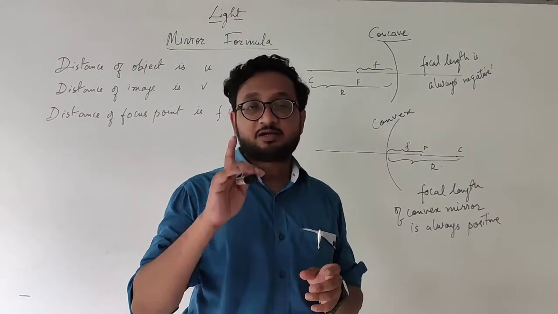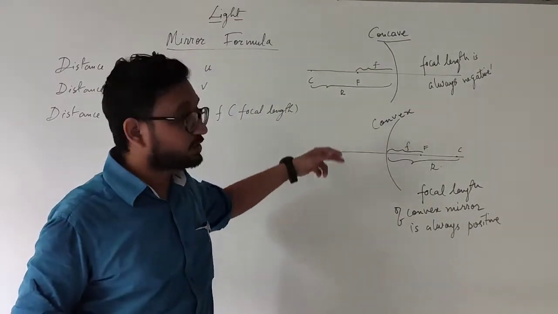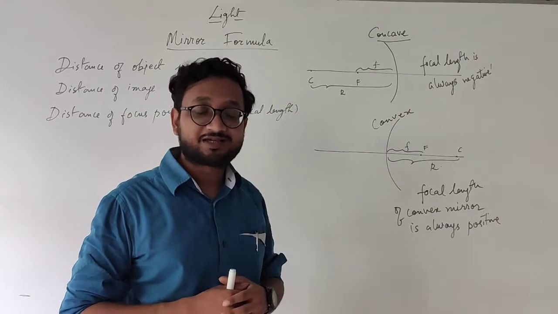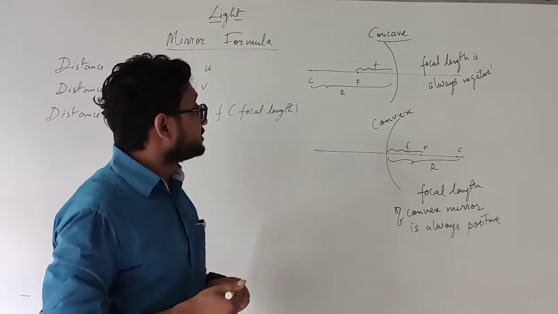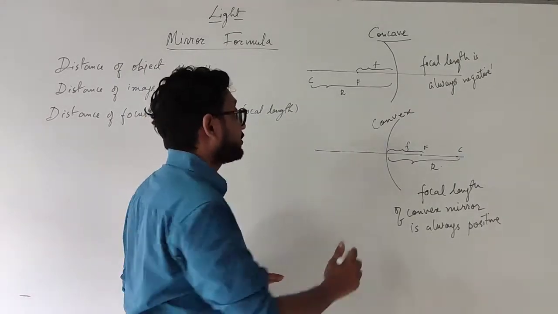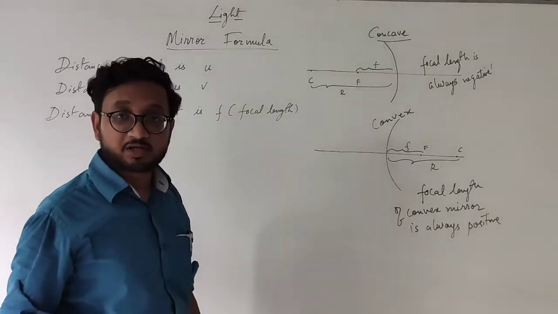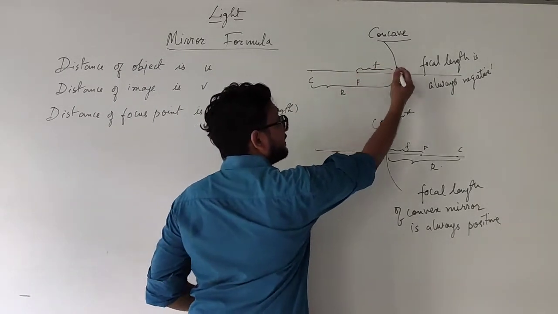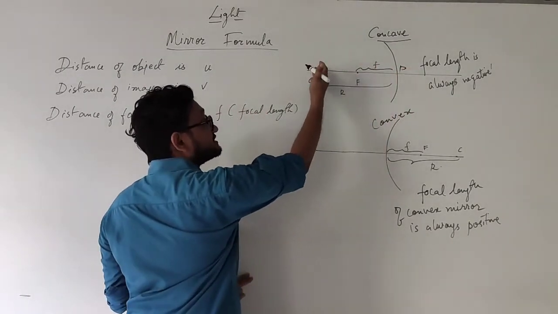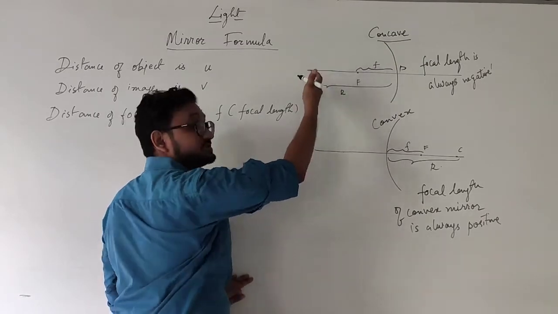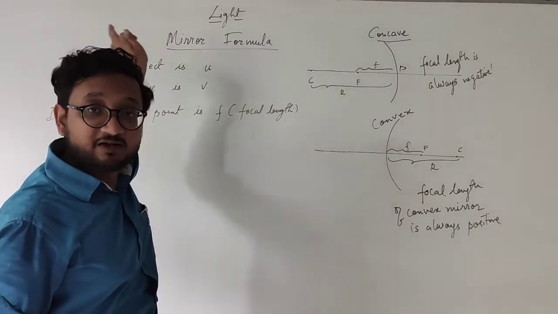But one thing is similar for both of those, that is the object distance. You always keep the object on the left hand side of the mirror. It can be anywhere between F and P, between F and C, on F, on C, or beyond C at infinity.